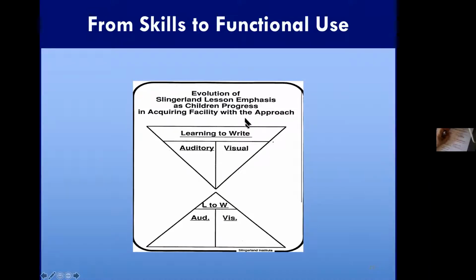We need some tools to work with, and letters are those tools. So we have to teach enough letters that we can make words both for reading and for spelling. But very quickly, you're never going to stop practicing the skills or teaching new ones, but then you're spending less time on the pieces and more time on functional use. And so the whole triangle is inverted.